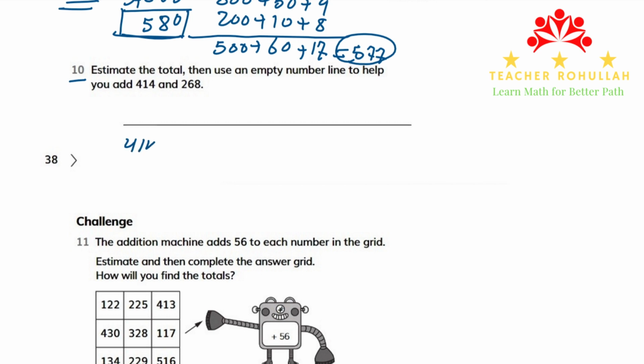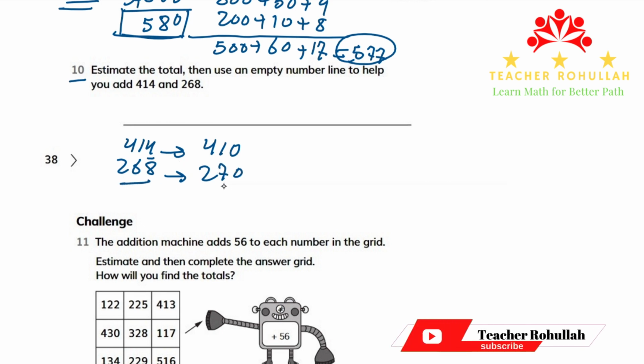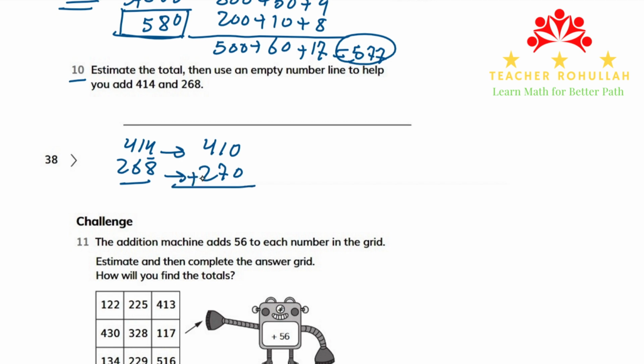So 414 rounds to 410 because 4 in the ones place is 4 or less. And 268 rounds to 270 because 268 is very close to 270. So 0 plus 0 is 0, 1 plus 7 is 8, and 4 plus 2 is 6.